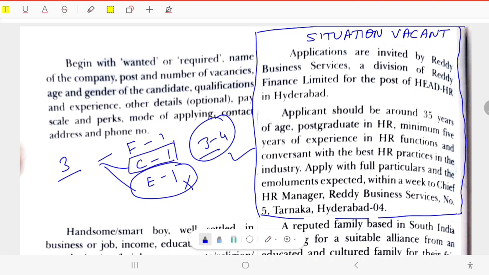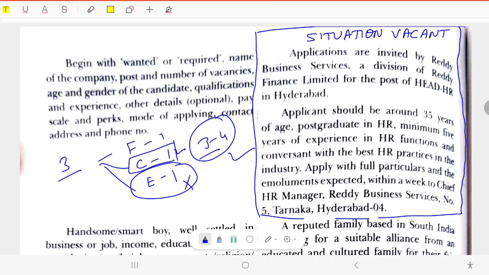Content means all the value points are included or not: name of the institute, name of the post, qualification, experience, whom to apply, contact detail. If these 5-6 things are included, your content is complete.